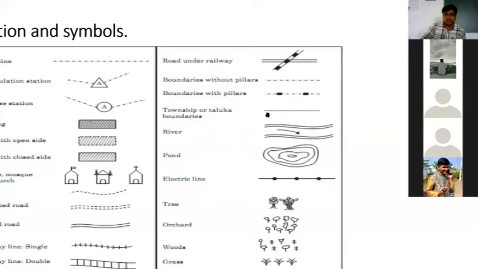From taluk to taluk, or from one town to another town, there will be a boundary. To show that in the map, we're going to make it like this, a continuous dotted line. So this will be the township boundary line.